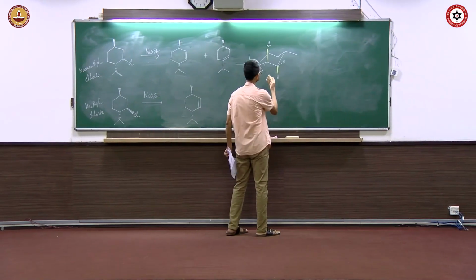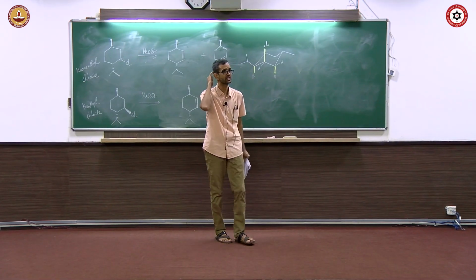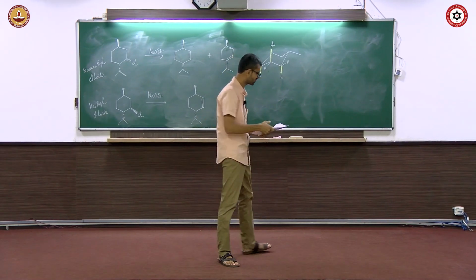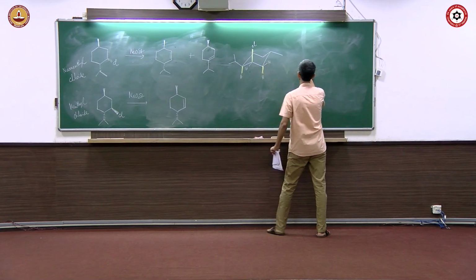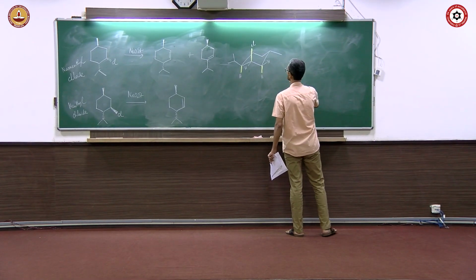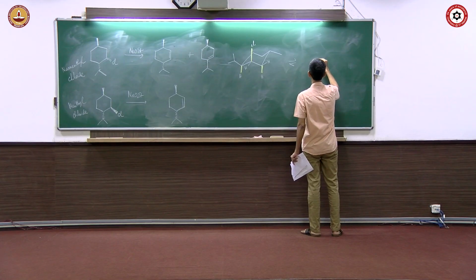So that explains the possibility of two products. But we also look at the other conformation of this, we cannot rule it out. So we will write the equilibrium, the next conformer of this.